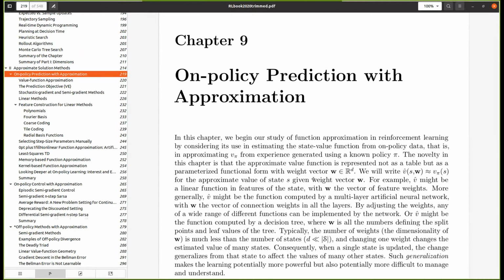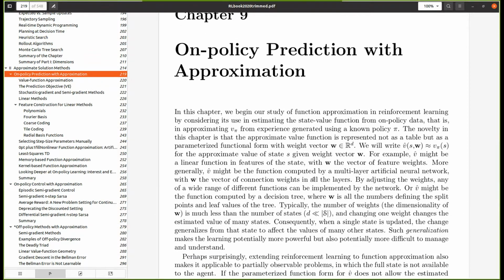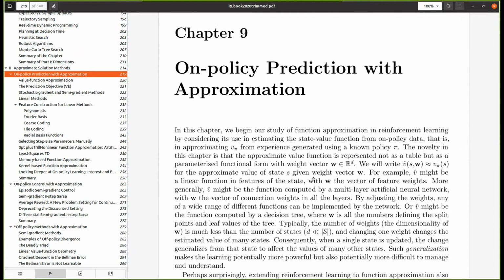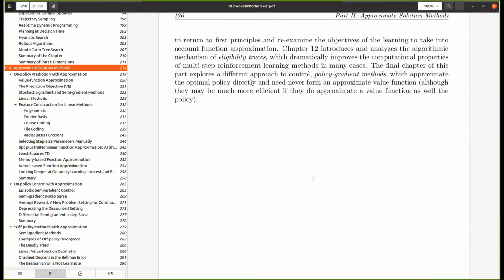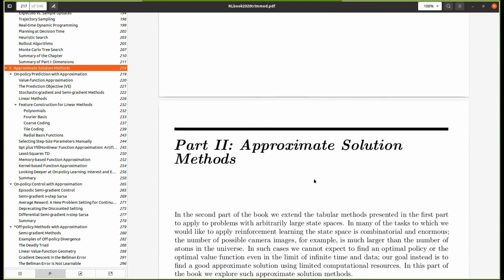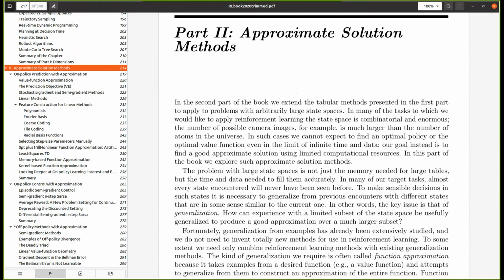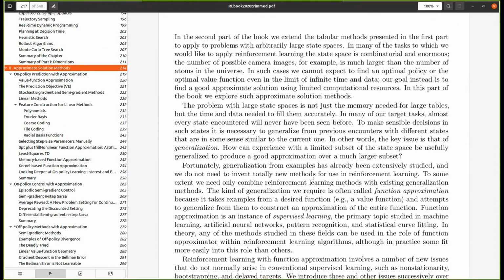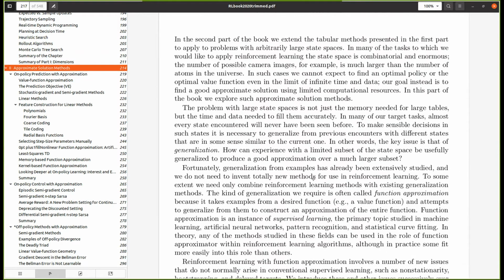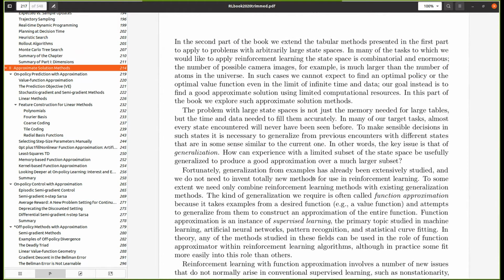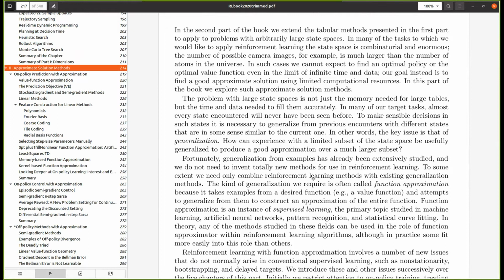Yes, so today we start a new part of the book, which is approximate solution methods. As an initial motivation, it is very simple.